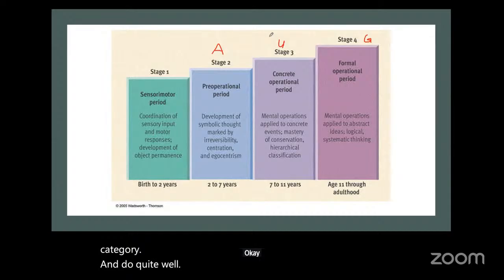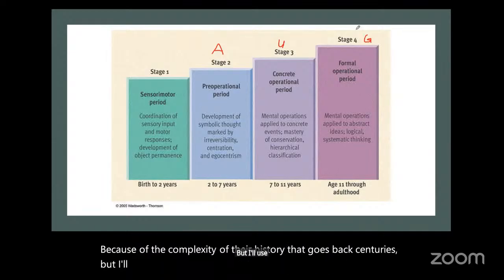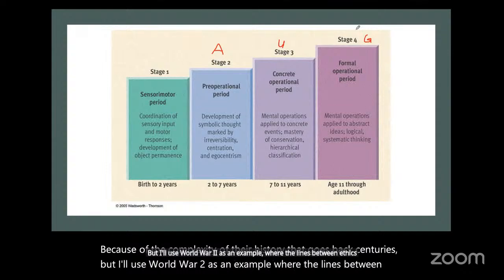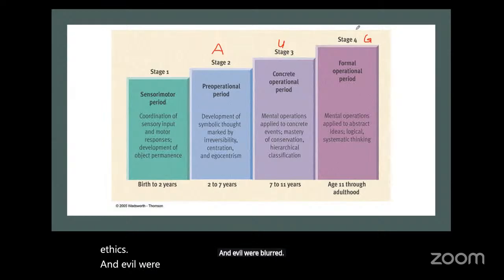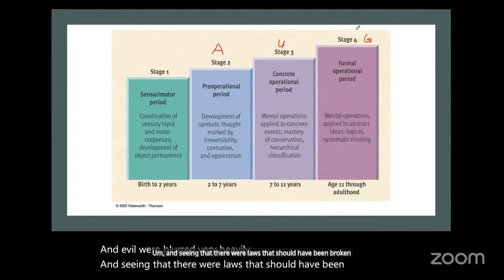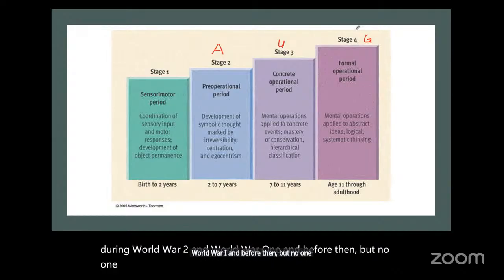In Germany, because of the complexity of their history that goes back centuries, but I'll use World War II as an example, the lines between ethics and evil were blurred very heavily. And seeing that there were laws that should have been broken during World War II and World War I and before then, but no one did.